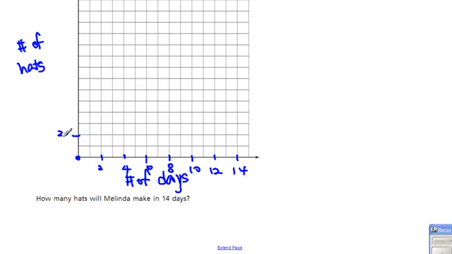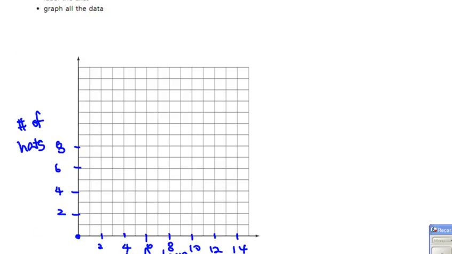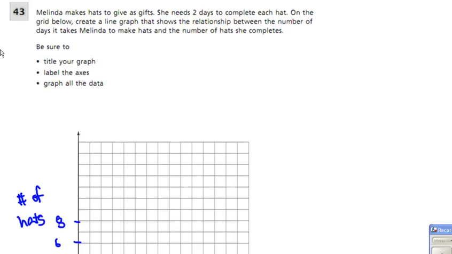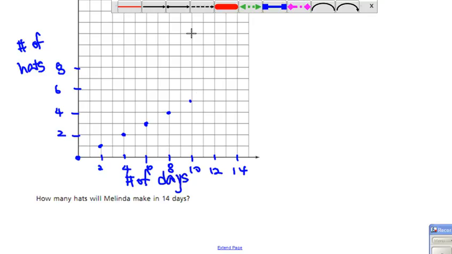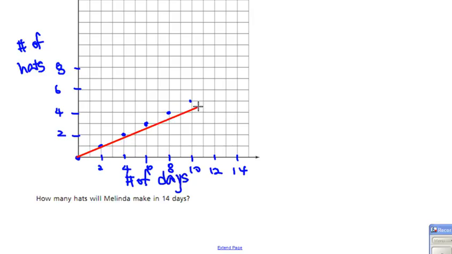And here it becomes 2, 4, 6, 8, and so forth and so on. Since it takes her 2 days to complete one hat, it means 2 days to complete one hat, another 2 days to complete one more hat, another 2 days to complete one more hat, so forth and so on. Like this, we just have to connect all of them like this.